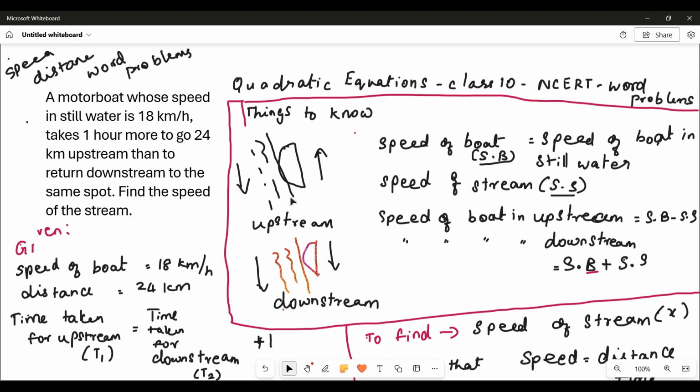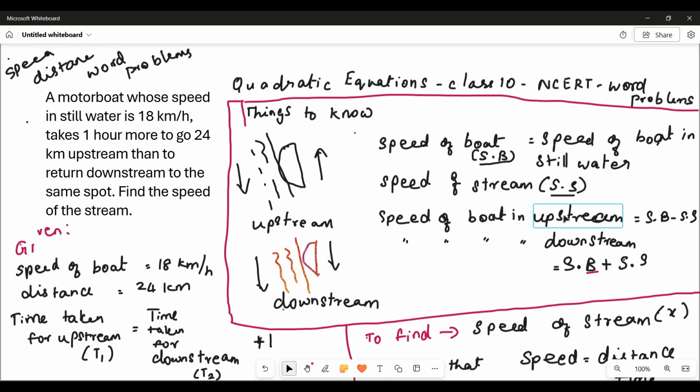Obviously the upstream speed will be a little lesser than the downstream speed, because in upstream we'll be rowing against the flow of water, and in downstream it will be in the same direction as the flow of water. So the speed increases in downstream.